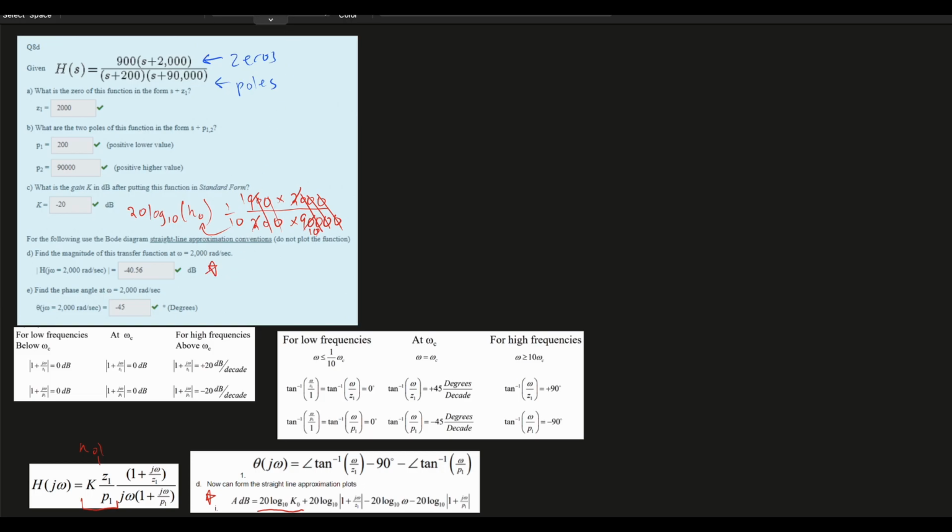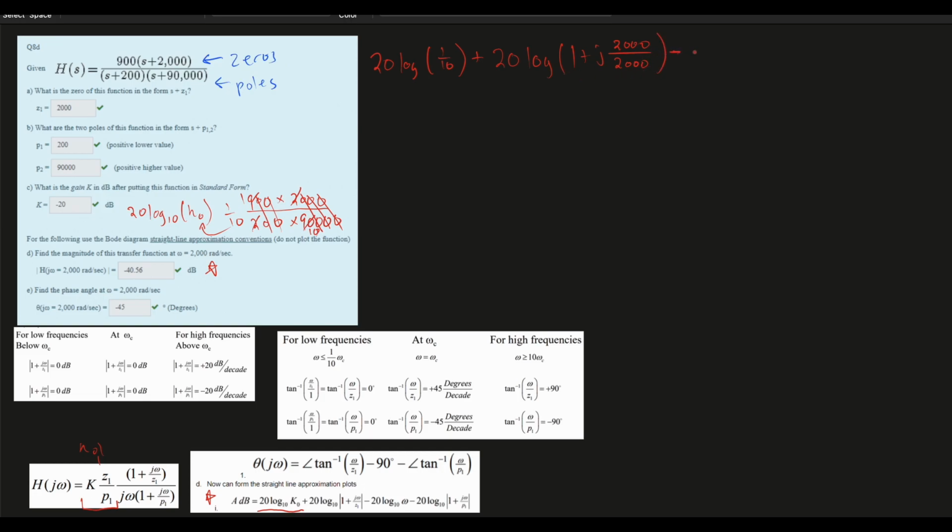Now, looking at this, we are going to use the ADB down here, and I'll do it in red. So the ADB, we're going to have 20 log base 10, then we're going to have our k naught. Well, we know our k naught is just 1 over 10. We used it earlier to solve for our k. And then we have a plus the z, and we know our z is going to be log with a 1 plus j omega, that's important, 2000, divided by the 2000, which is our zero.